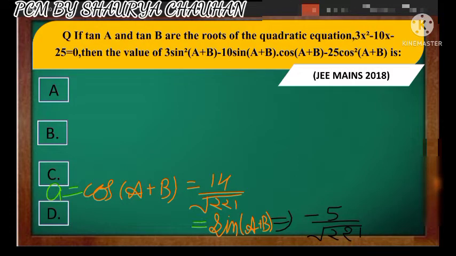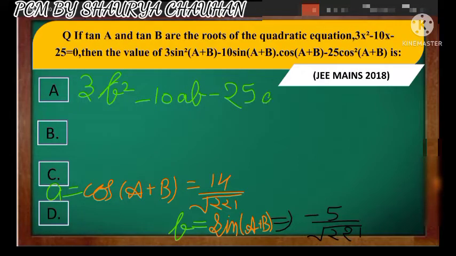By putting in these values, the expression becomes 3b square minus 10ab minus 25a square. We have to find the value of this. Here the values of a and b are known to us.